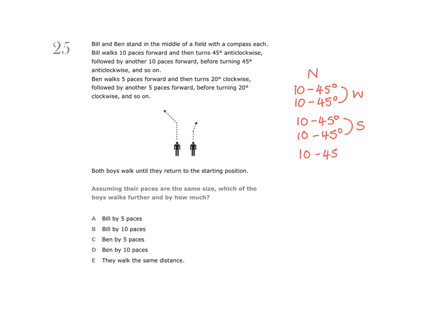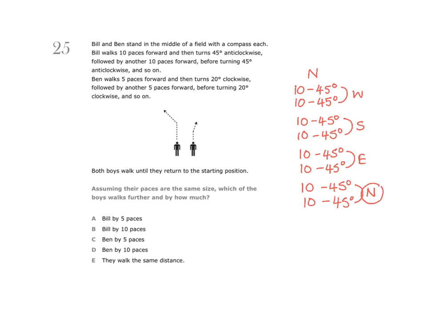Then he continues, 10 paces and 45-degree turn anti-clockwise twice, a total of 90 degrees turned, which means he would be facing east. Then he would continue to do the same thing again, and after those turns and paces, he would have turned another 90 degrees and would be facing north once again.